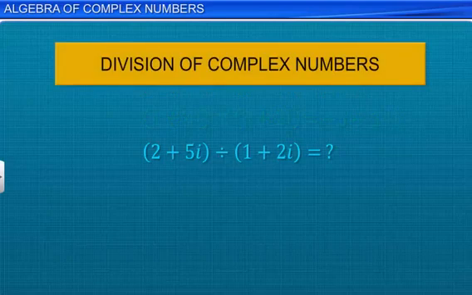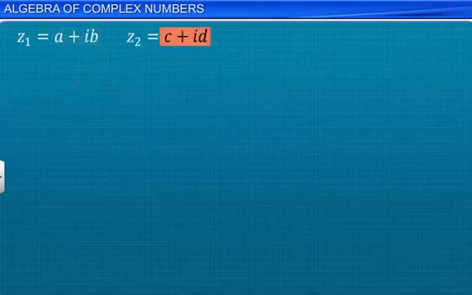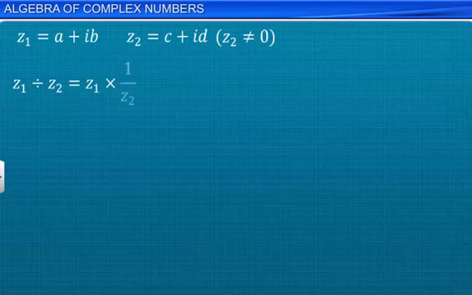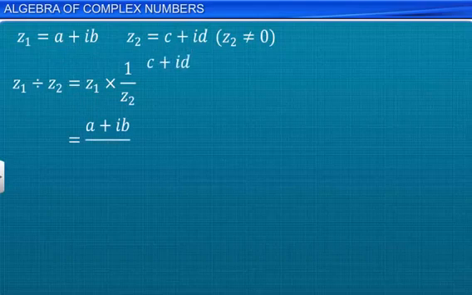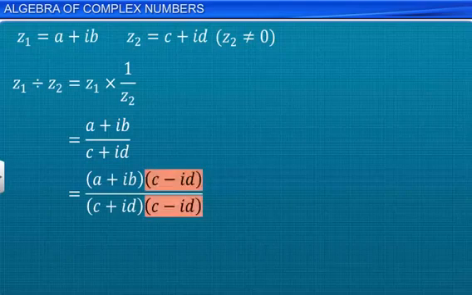Let's again consider complex numbers z1 equal to a plus ib and z2 equal to c plus id, where z2 is not equal to 0. The quotient z1 divided by z2 can be obtained by multiplying z1 by the multiplicative inverse of z2. Now, we'll multiply the numerator and the denominator by c minus id to get a real number in the denominator.